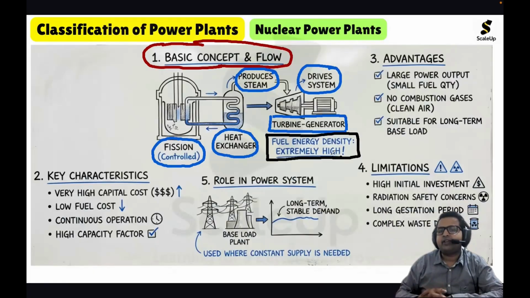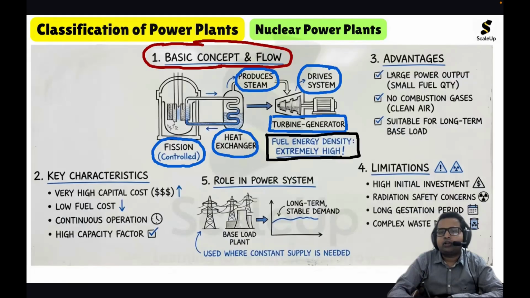Hence we say that fuel energy density is extremely high, because certain grams of nuclear reactants participating in the nuclear fission reaction can generate enormous energy, and we can generate a very large amount of electricity. That's why fuel energy density is extremely high in nuclear power plants.